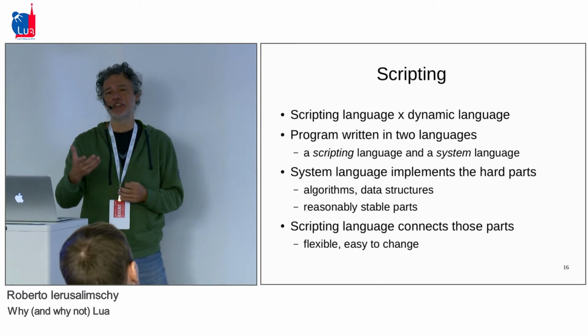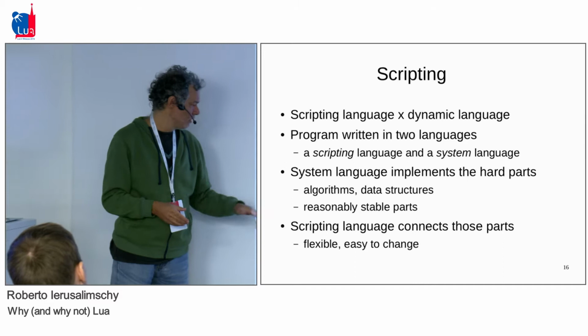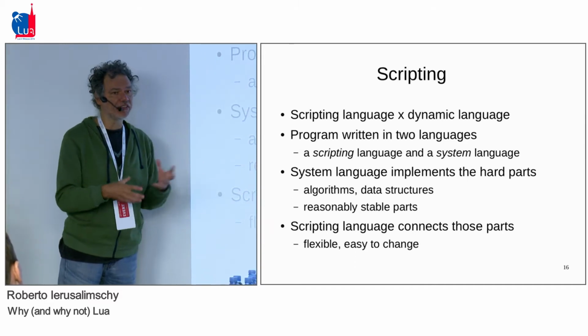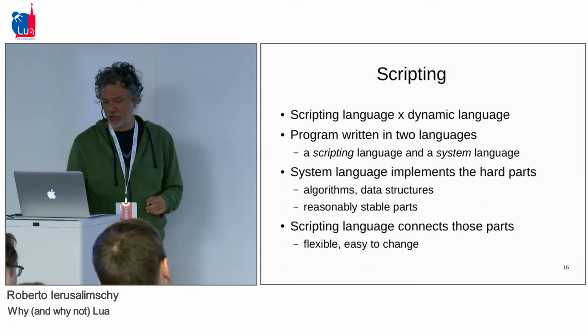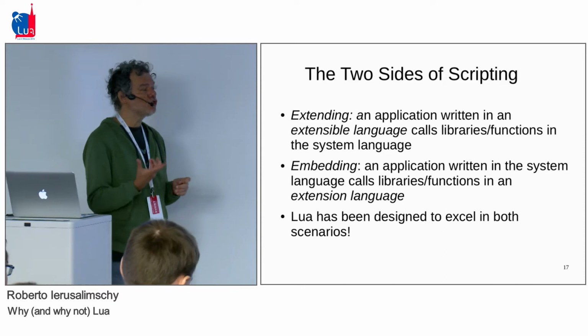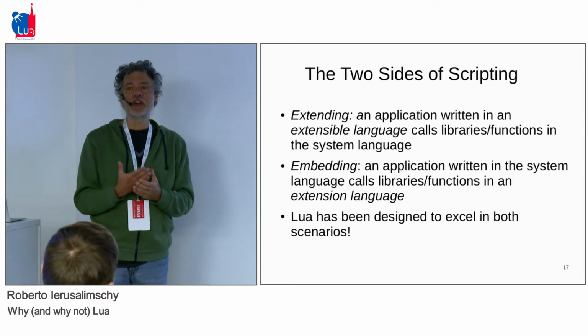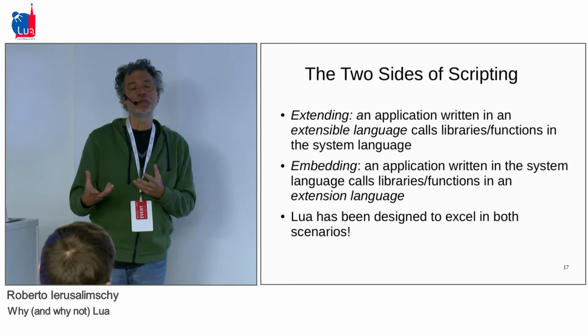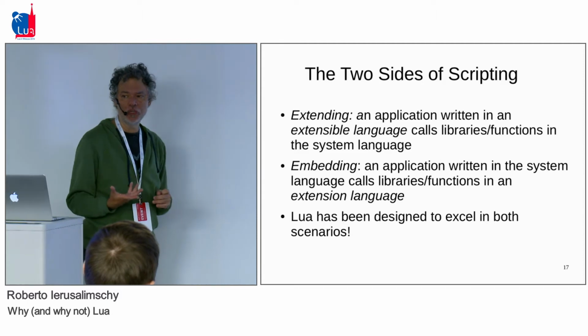For instance, user interfaces, menus, drawings, etc. should be in this part that is easy to change, to adapt to different kinds of use. Not always do people recognize this difference, but it's a very important difference in how we use scripting.